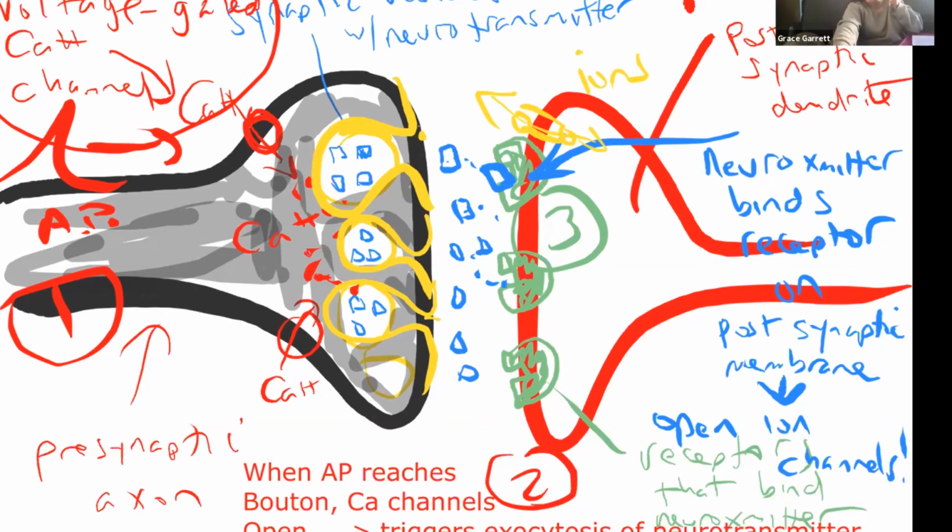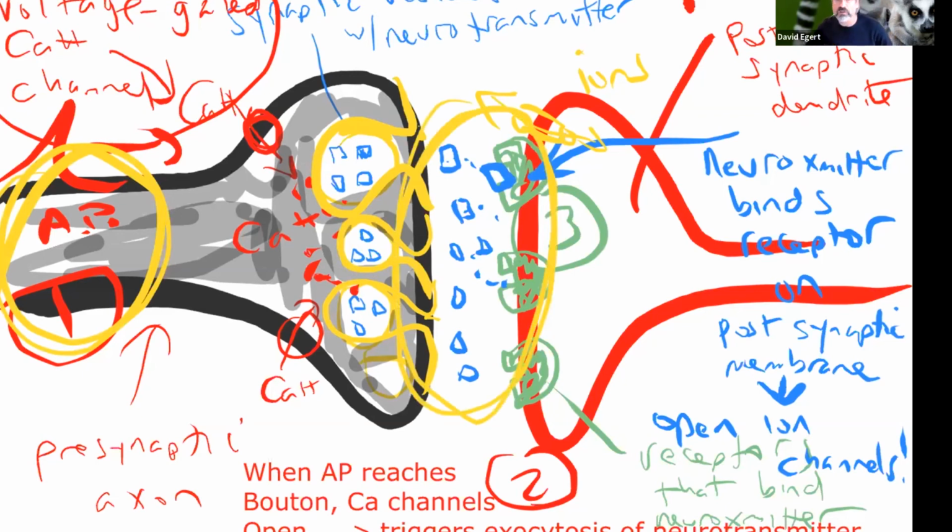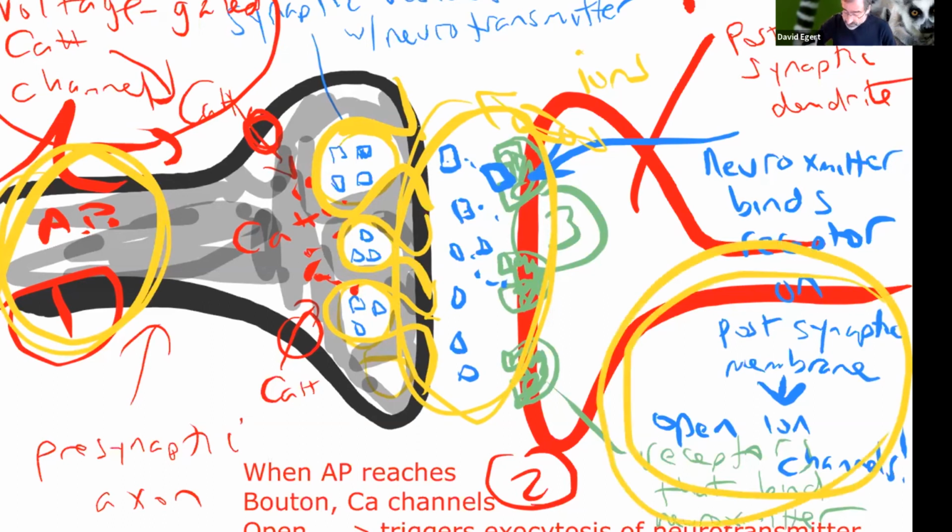Changes the voltage. So it's going to create voltage changes on this postsynaptic membrane. So we had an electrical signal, the action potential, which then got converted into a chemical signal, that neurotransmitter that diffused across the cleft. But now it's turning into an electrical signal on the next neuron again, because we're opening ion channels, which are causing graded potentials.